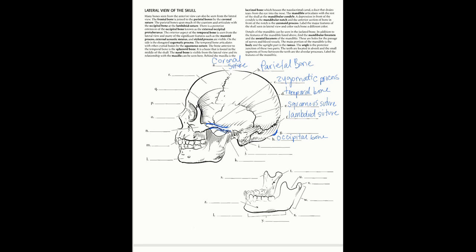Now there's a feature on the occipital bone right here. It's going to be a little more noticeable on the actual models. This is a landmark that we call the external occipital protuberance. So external meaning on the outside, occipital because it's on the occipital bone, and protuberance because it protrudes from the bone.